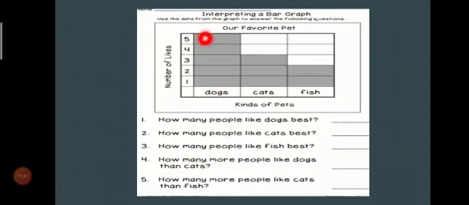Look at here. 5 people like dogs, 3 people like cats. Make the comparison. 5 minus 3. Then how many more people like dogs than cats? In the same way, in the last question number 5, how many more people like cats than fish? Make the comparison of cat and fish. Make a minus sum and give me the answer.